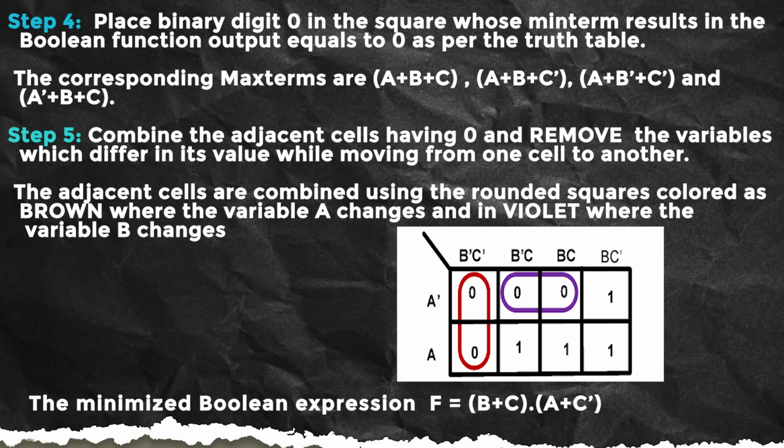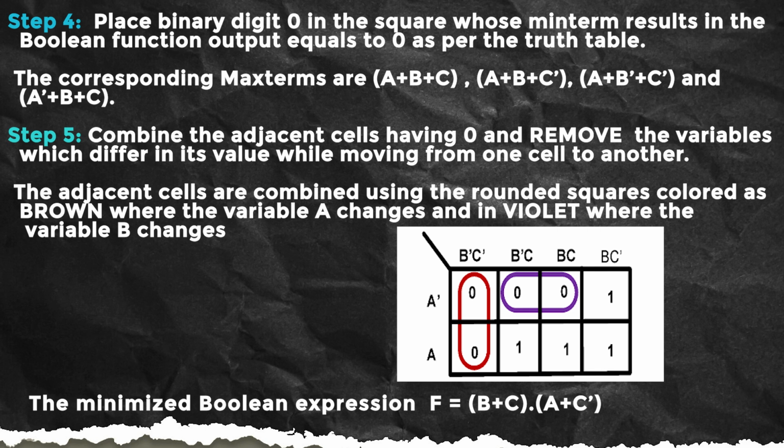You can see that I have put 0 for the min term A bar, B bar, C bar. Then we have put it for A, B bar, C bar. Then we have put the value 0 for A bar, B bar, C, and then for A bar, B, C. The corresponding max term for the min term A bar, B bar, C bar will be A plus B plus C. Similarly, for A bar, B bar, C, the corresponding max term will be A plus B plus C bar.